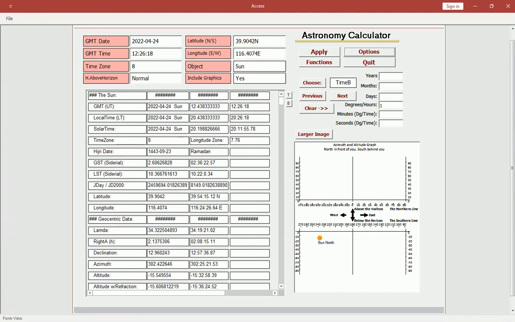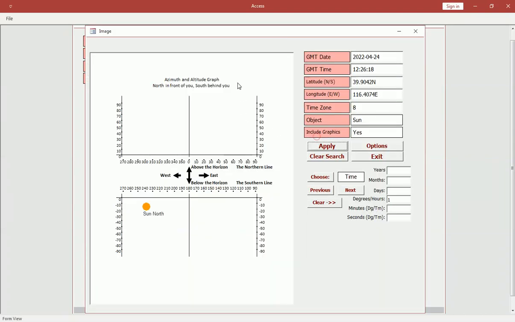As we mentioned in the previous video, we have 4 graphic pages in this application. 3 of them are related to azimuth and altitude. This is the first one, which is attached to this data table, and the second one is a larger image of this one. This is the second one, which is almost a single object one.